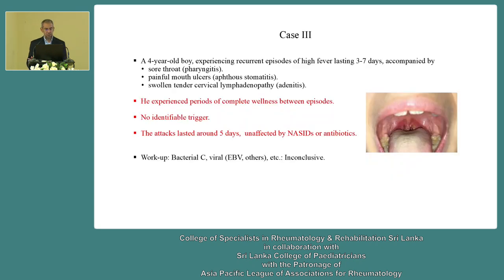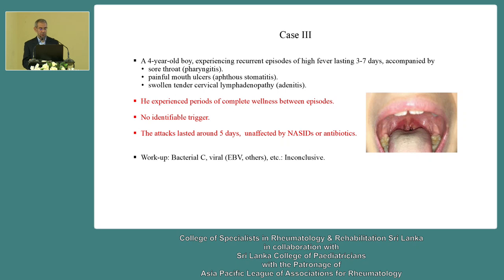So the third case, probably I will end with that: a 4-year-old boy experiencing recurrent episodes of high fever lasting 3-7 days, accompanied by sore throat, pharyngitis, painful mouth ulcers in terms of aphthous stomatitis, swollen tender cervical lymph node adenitis.